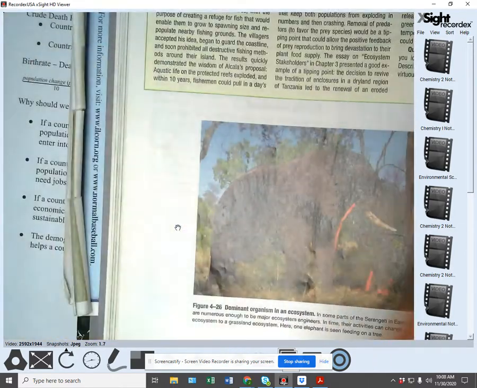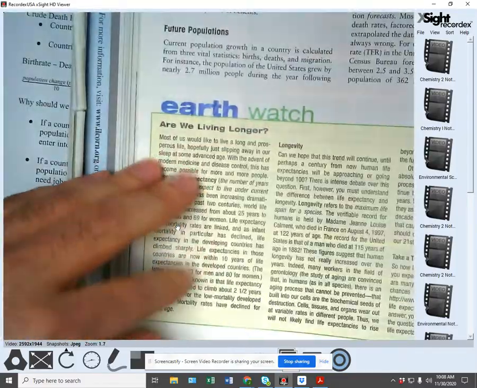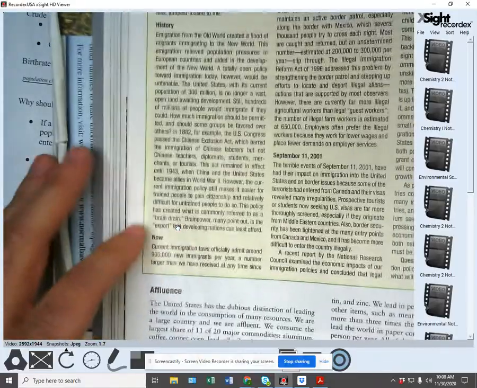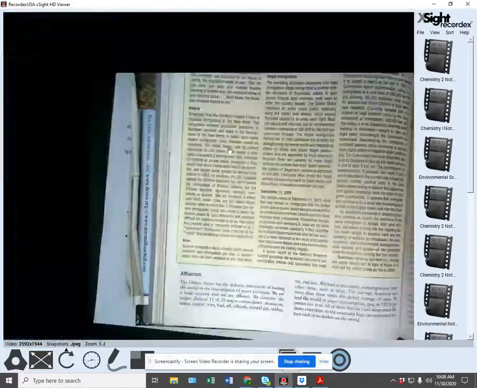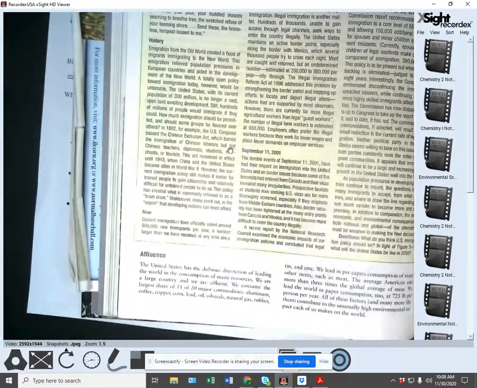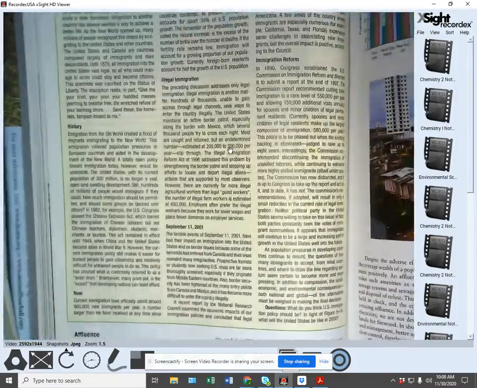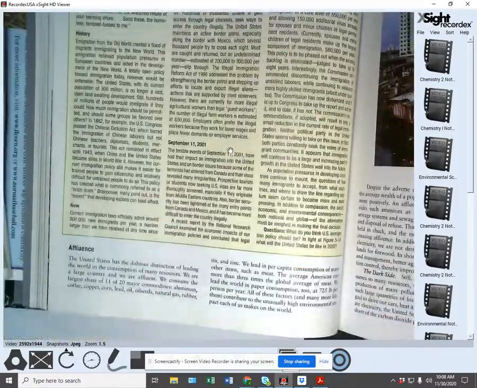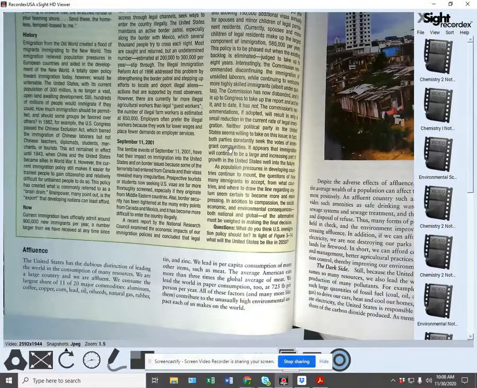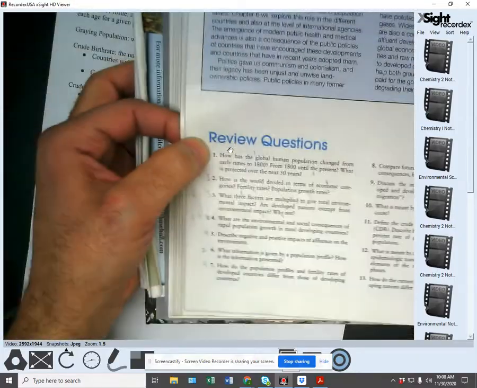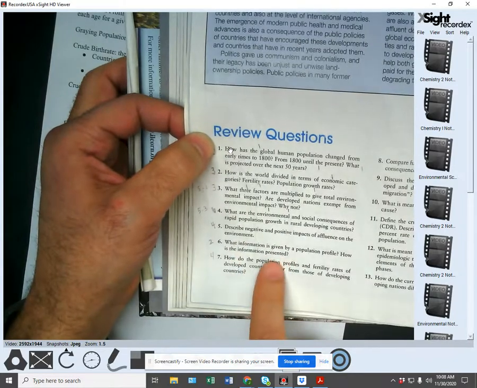Just so you know, that's on page 128. Page 128, the affluence information at the bottom here, in 129. Okay. So you should have at least 2 for each of those.